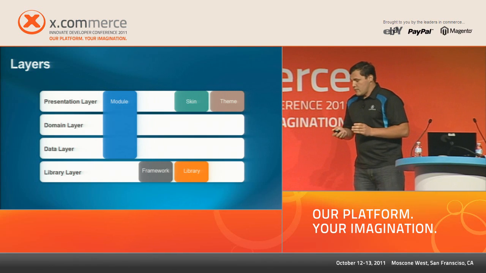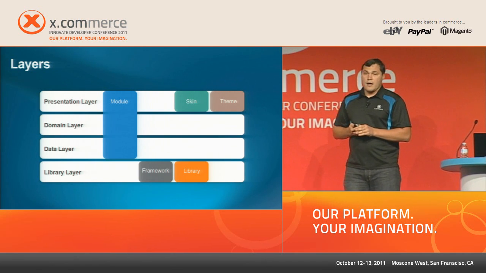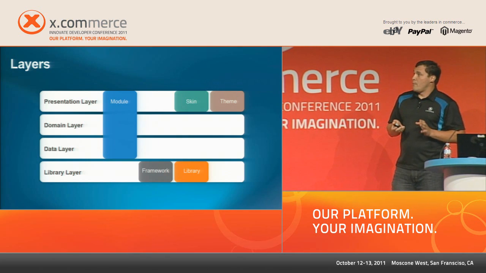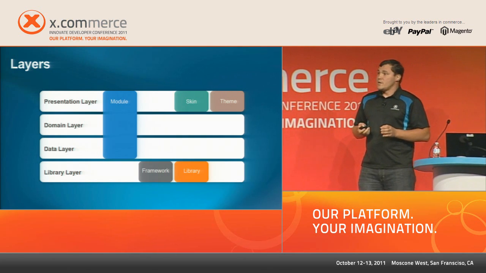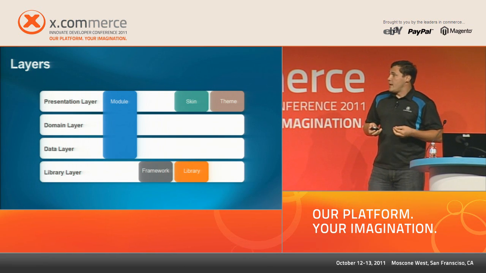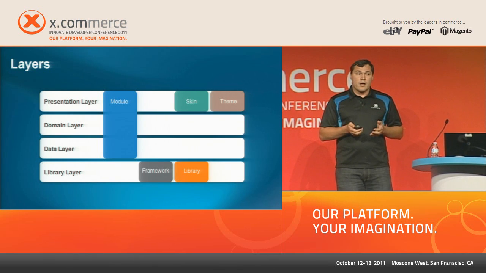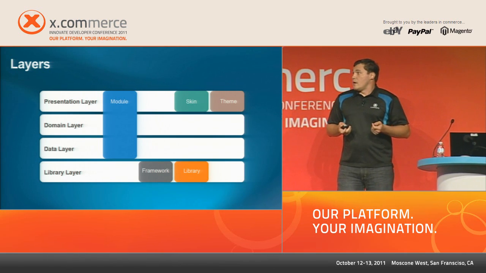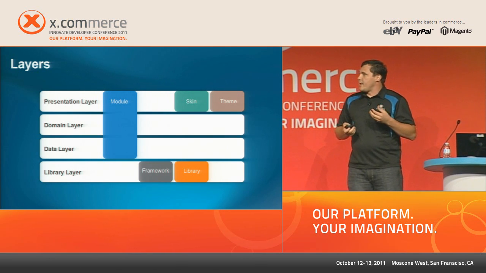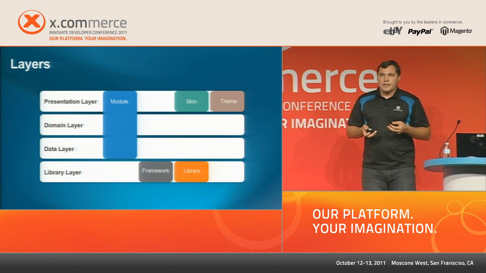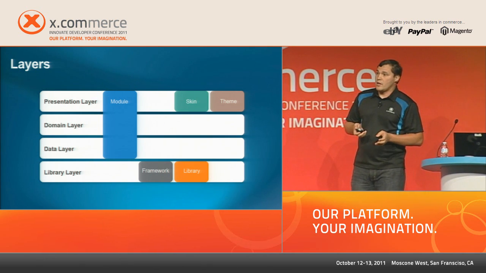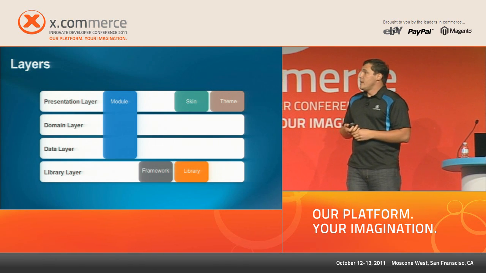Magento architecture starts from application layers. We have four main layers, represented by the library layer as the fundamental one, and on the library layer we have all our frameworks located. On top of the library layer, we have the data access layer, which in Magento is presented with install and upgrade scripts and resource model classes.